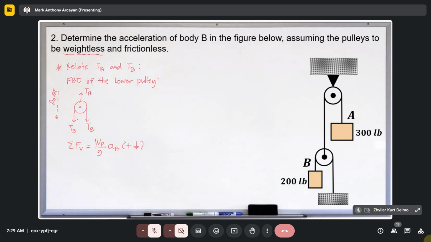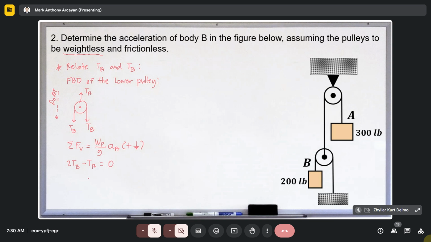Now, there are three forces along the vertical, and TB will take the positive sign. So here we have 2TB minus TA is equal to, from the problem, the pulleys are frictionless and weightless. Therefore, the right side of our equation becomes 0.